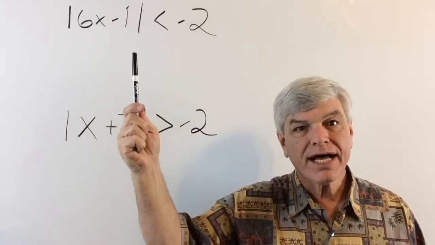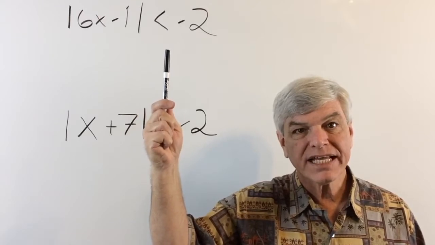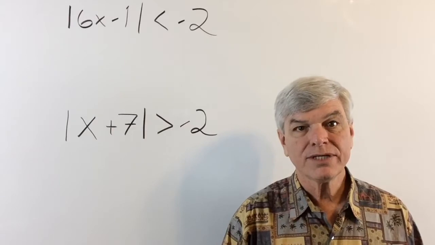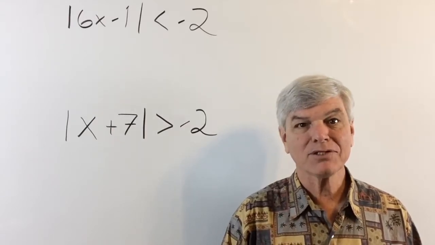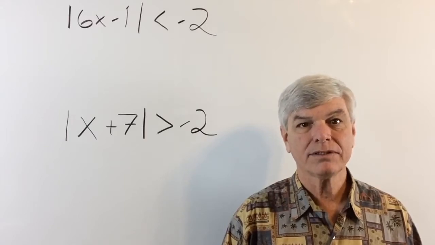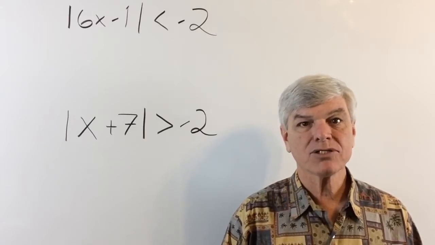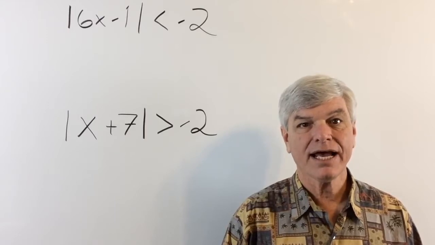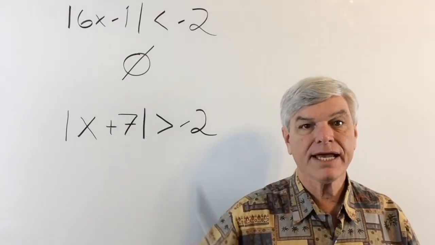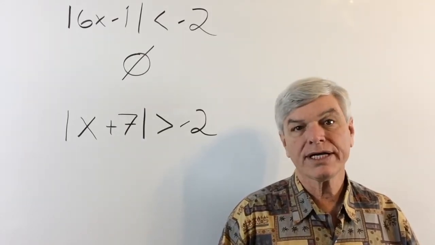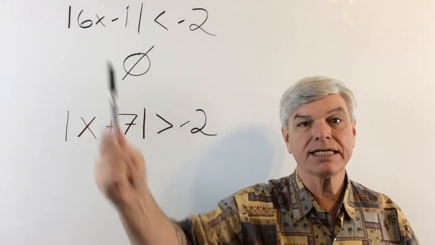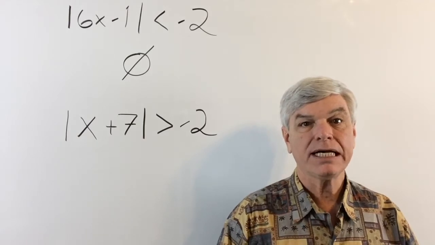When the absolute value is less than a negative number, you can't have that, okay? Absolute value is always positive, right? So you can't have a negative number. So if you see this, if the absolute value is less than a negative number, the solution is the empty set. And you can take my word for it, you can take the book's word for it, or you can play with some numbers yourself and try to insert something into X to where that would be true, and you won't be able to.